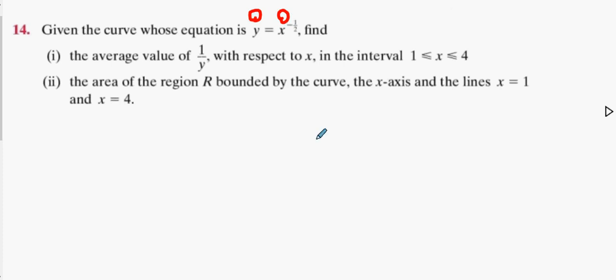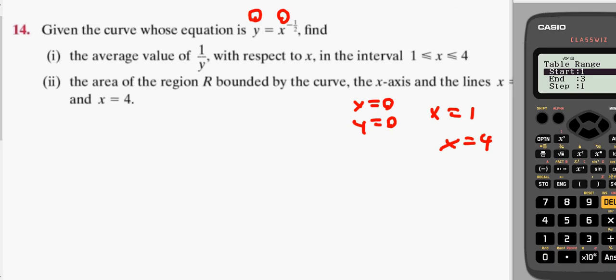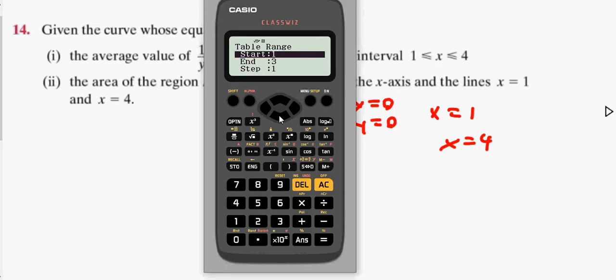So I'm going to put all those values in, 0, 1, and 4. Alright, and we get a quick look at what's going on. So start at 0, end at 4, step at 1.